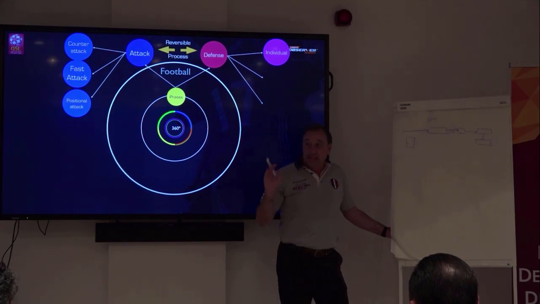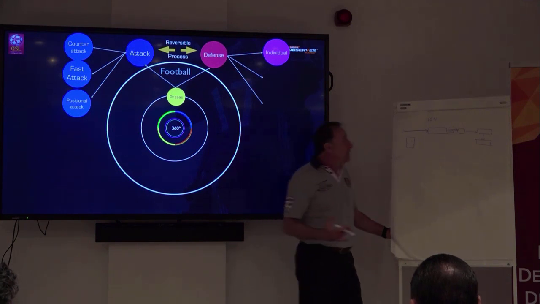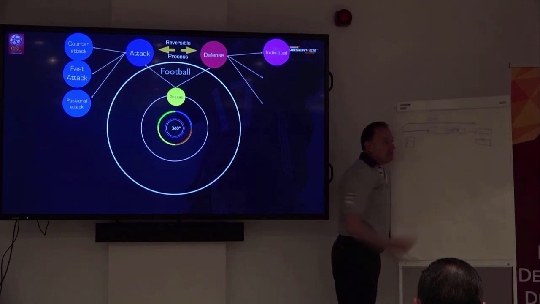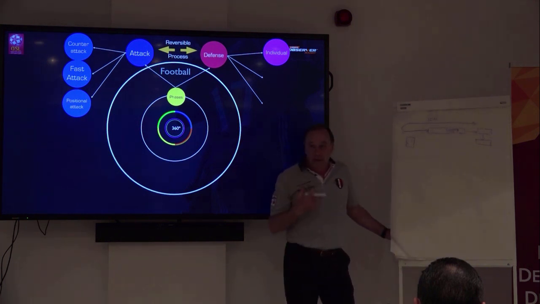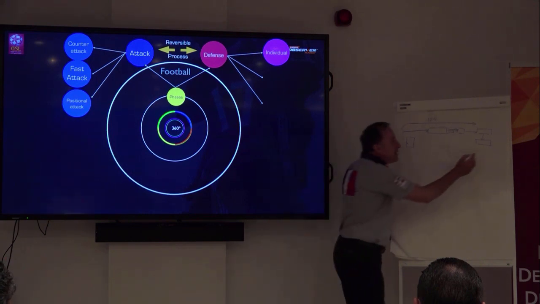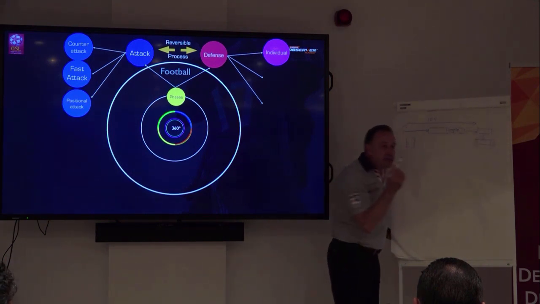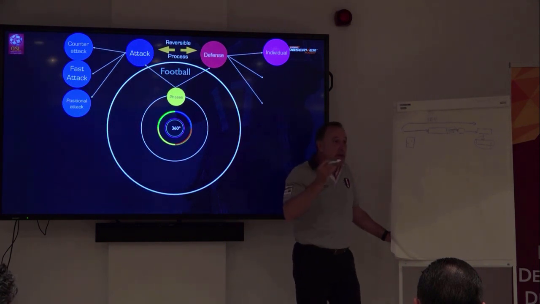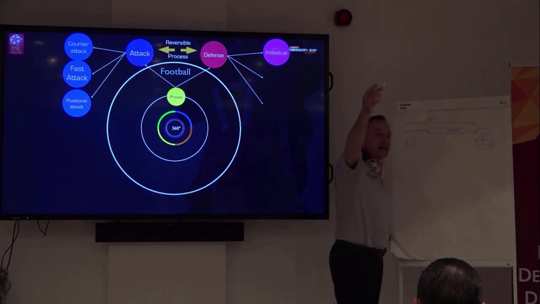But the first days are for working on my game model, and on my information from the last competition. I'm preparing what I'm going to change, the small changes that I'm going to make in my team because I know something about the other team.